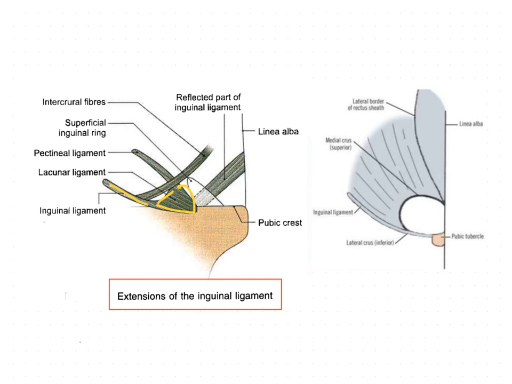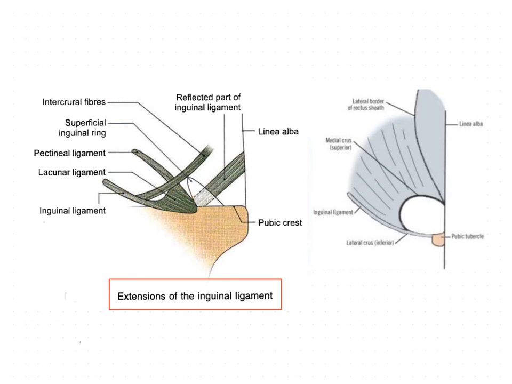This is the inguinal ligament and this one is the pectineal part of the inguinal ligament, called the lacunar ligament. This ligament is triangular in shape.